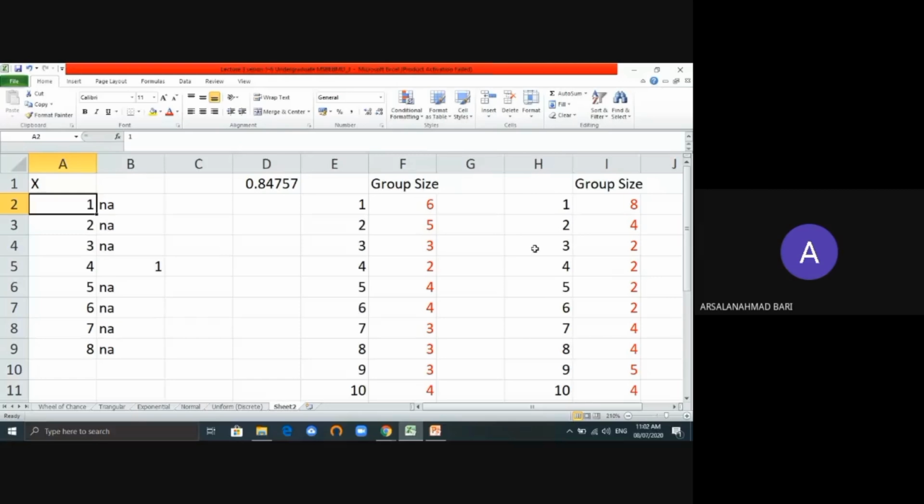We cannot anticipate the number of people in the next group. We cannot anticipate whether it will be 4 or 5 or 3 or 8.